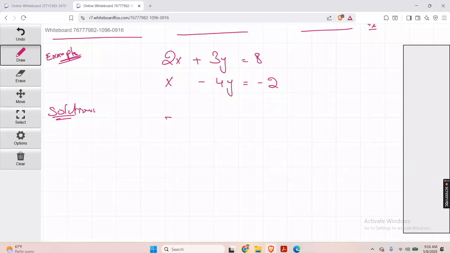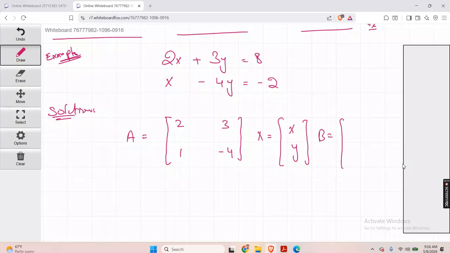Solution. First you have to write it in the matrix form. We have 2, 3, 1, minus 4. This is your matrix A. Your X matrix is x y. Your B matrix is 8, minus 2.